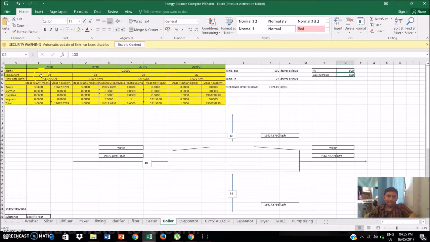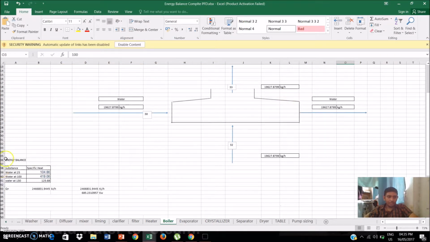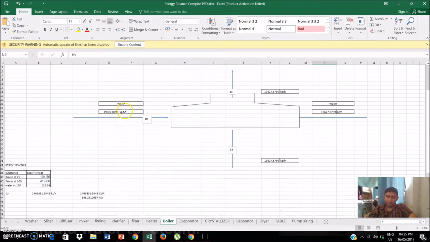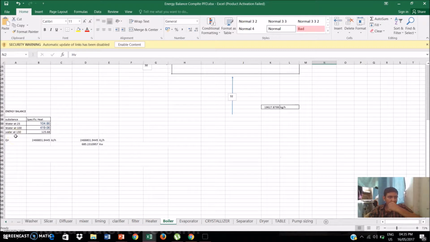We have done the material balance calculation here. The input temperature is 25 degrees for both streams, 30 and 32. The output temperature of the water is under 30 degrees and the flue gas is under 30 degrees or so. For the energy balance, we have calculated the boiling point of the water and the Hv of the water. The water at 25 degrees Celsius has a specific heat of 4.86.